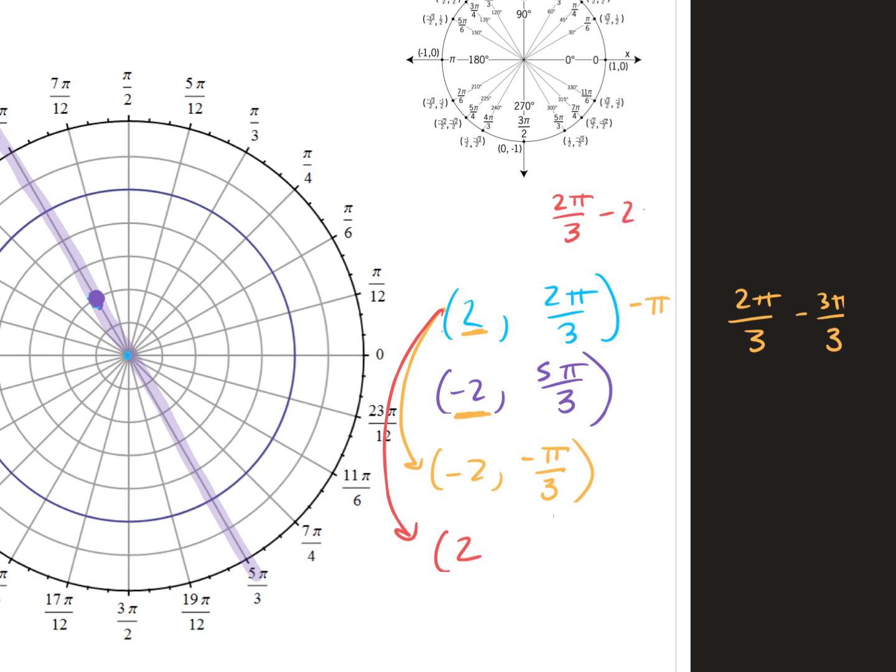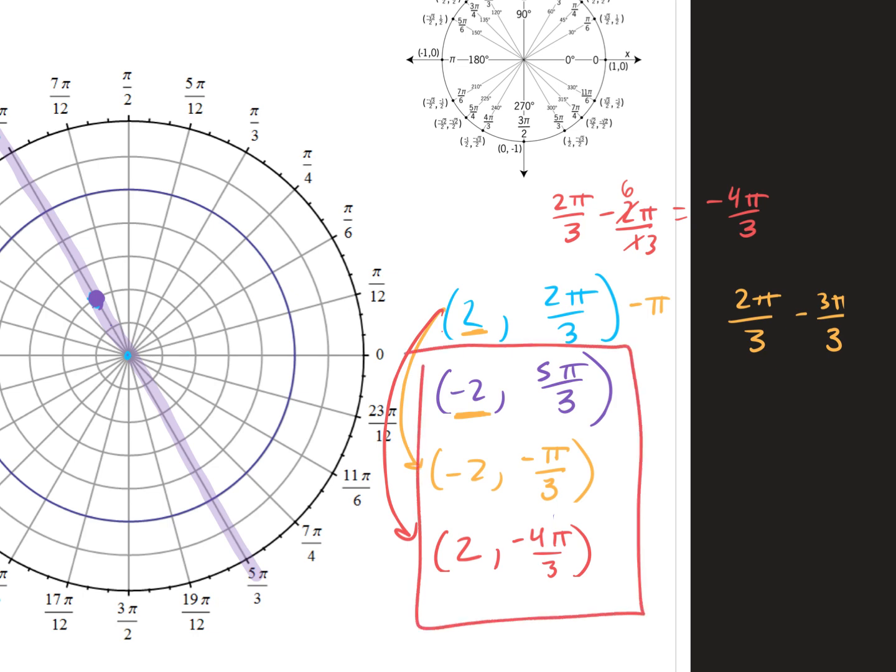So I'm going to subtract 2 pi because you can do either or. So I'm going to make this 2 pi over 1 into 6 pi over 3 just so we have a common denominator. So that gives us negative 4 pi over 3, which is still in between our negative 2 pi and positive 2 pi. So these would be our 3 additional points.